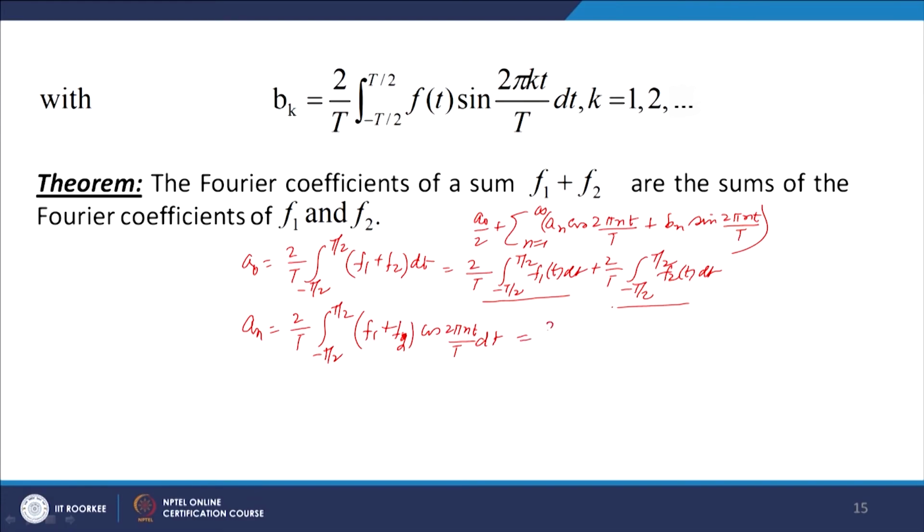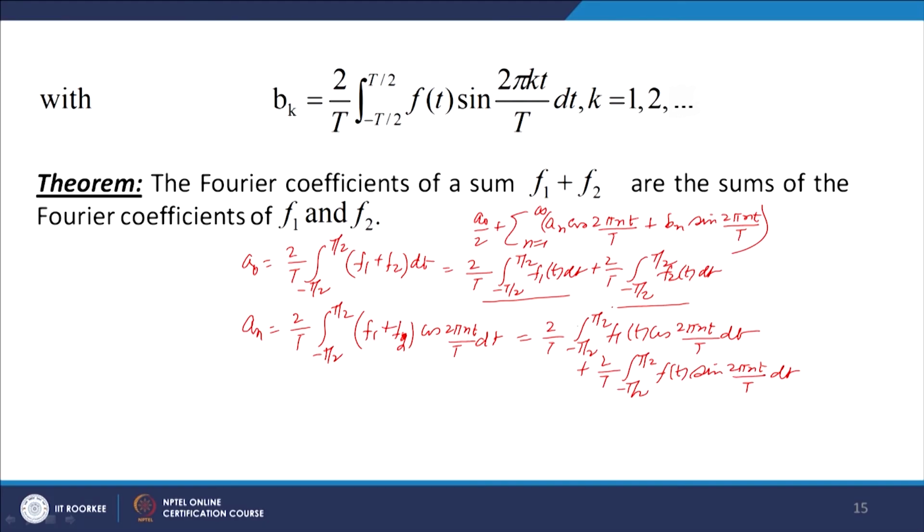This becomes 2 over T integral of f 1(t) cos(2 pi n t divided by T) dt plus 2 over T integral of f 2(t) cos(2 pi n t divided by T) dt.